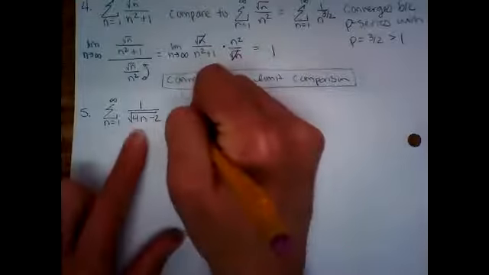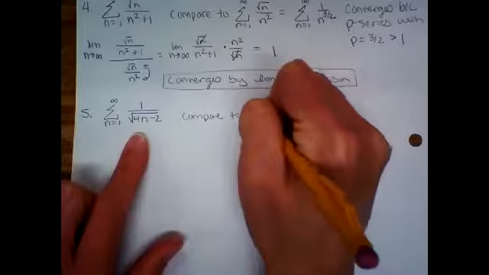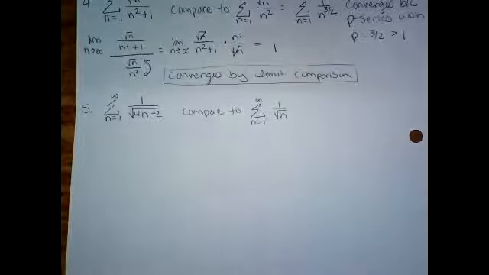You keep the variables, you're good. So we're going to compare this to 1 over square root of n. You're basically trimming off all the excess and boiling it down to what's actually going on.